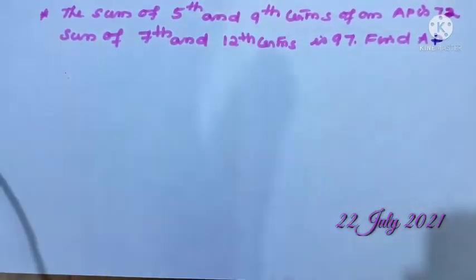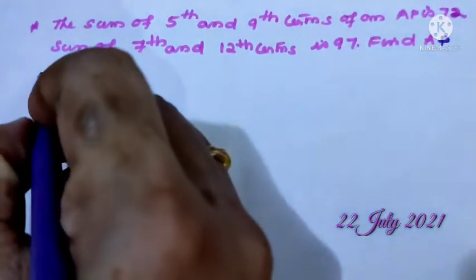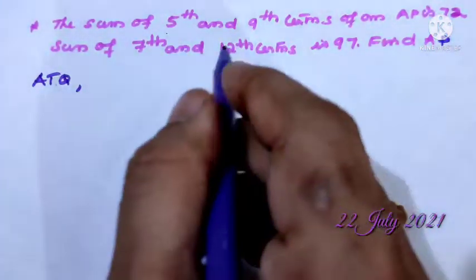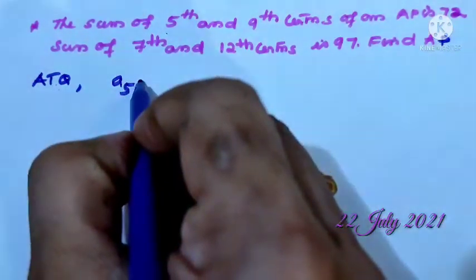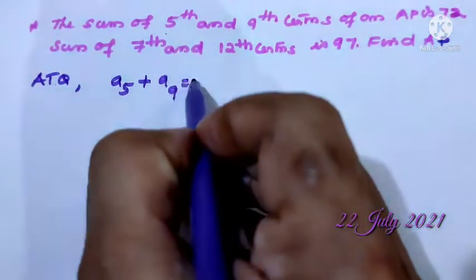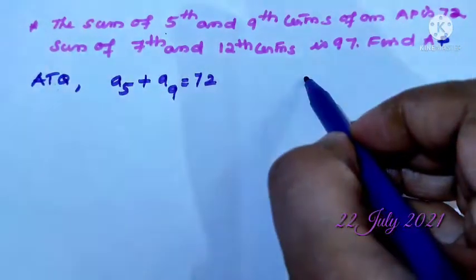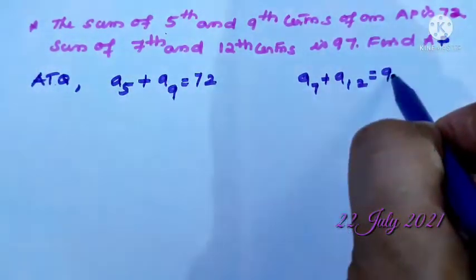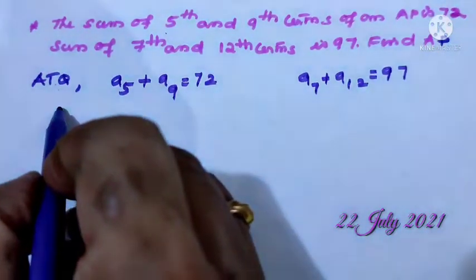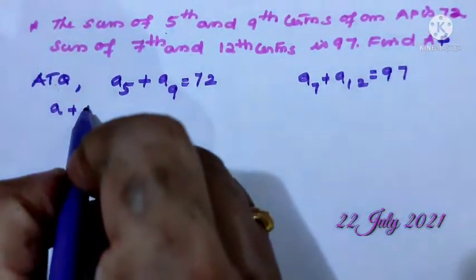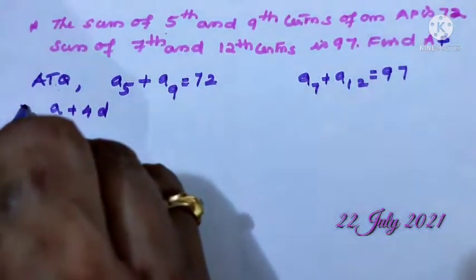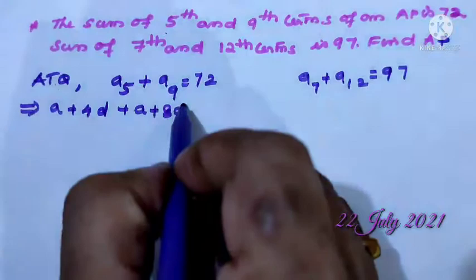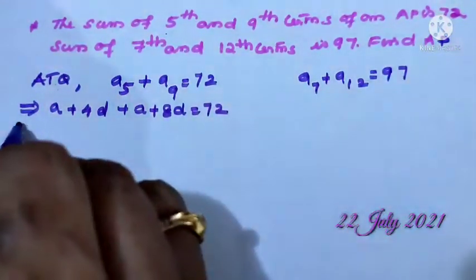Next, according to the question, sum of 5th and 9th terms. So A5 plus A9 equal to 72. Also A7 plus A12 equal to 97. So A5 means A plus 4D plus A9 means A plus 8D equal to 72.